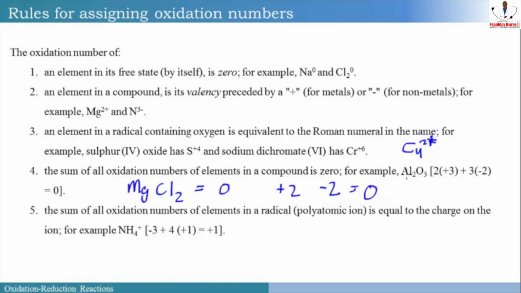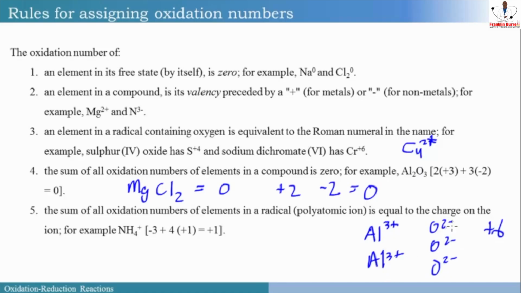In the case of aluminum oxide, each aluminum carries a +3 charge, and each oxygen carries a -2 charge. So you'll see that Al is 3+ here, and each oxygen will carry a 2- charge. So having +3 and +3, I end up with +6.